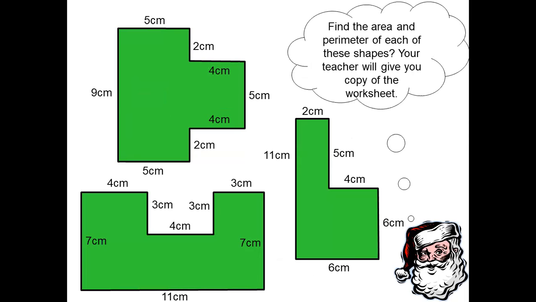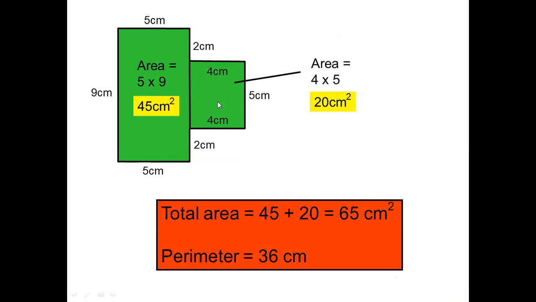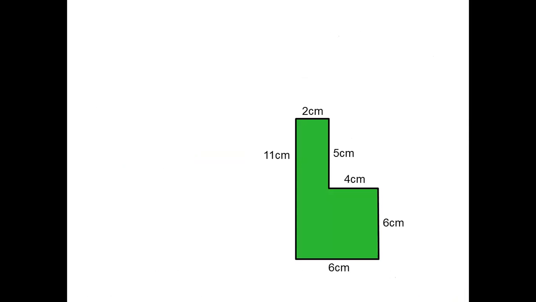If I have a shape like this, I will divide it into two shapes. First shape, it will be 5 times 9, 45. Second shape, it will be 4 times 5, it will be 20. So the total is 65. In this shape, I'm going to divide them. 2 times 11 or 2 times 5.